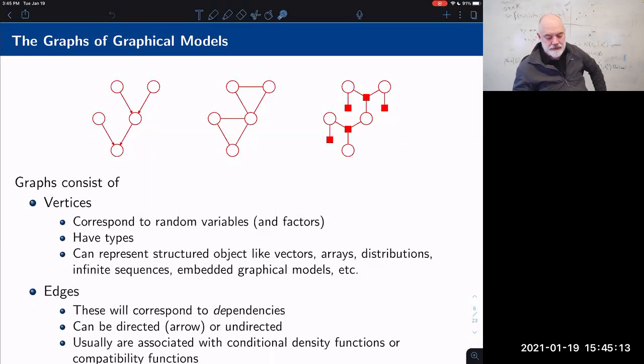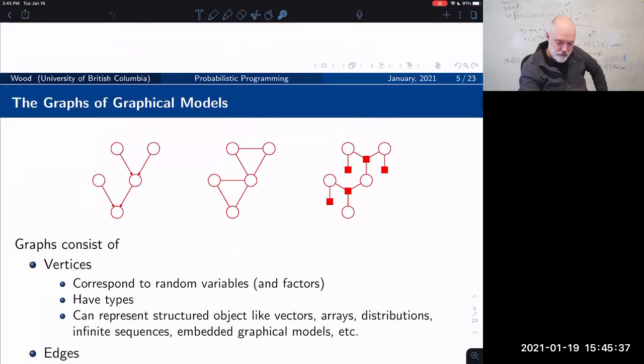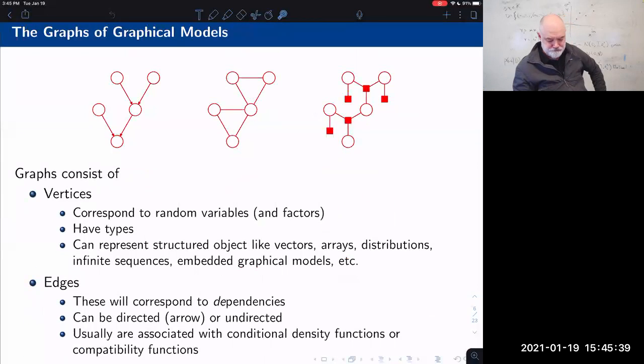The one in the middle is an undirected graphical model known as a Markov random field, and the one on the right is known as a factor graph. We will almost exclusively focus on Bayes nets, or directed graphical models.